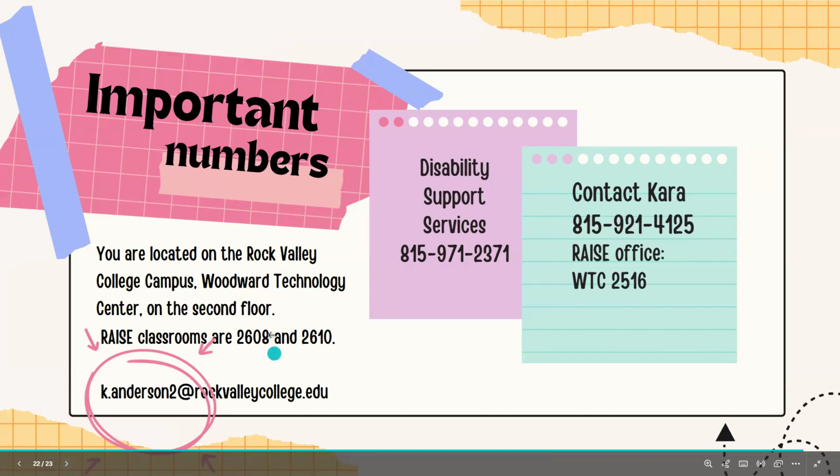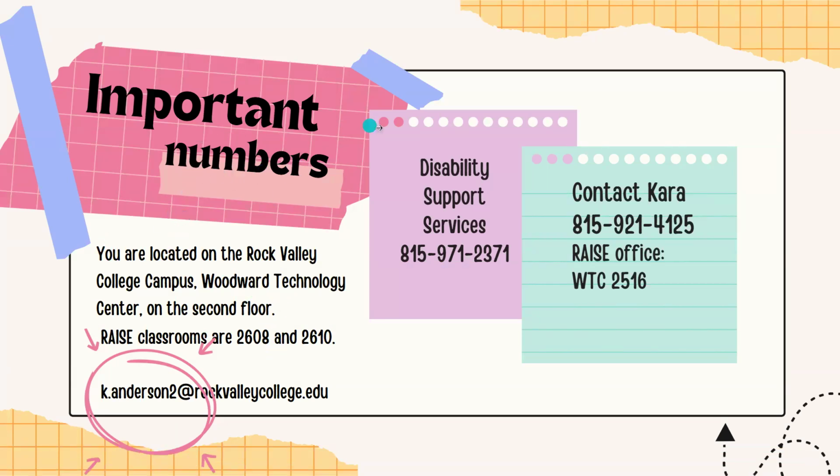Important numbers. All right. So you can reach me. That is my correct phone number. Yay. And then the RAISE office is in the Woodward Technology Center, room 2516. If for some reason you can't get a hold of me and you need to get a hold of someone, Disability Support Services, you'll probably get Shamra.